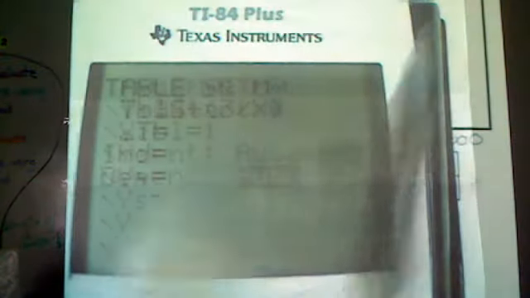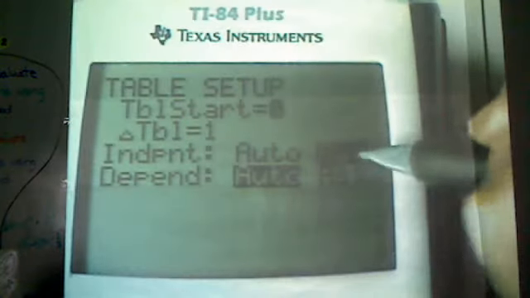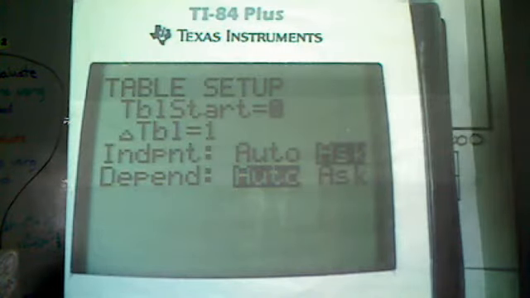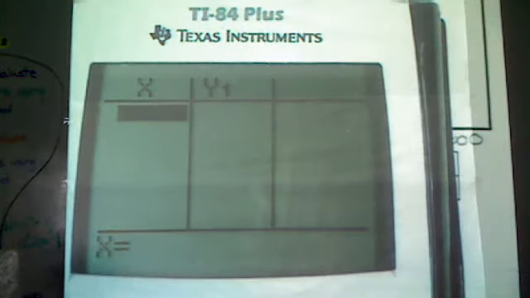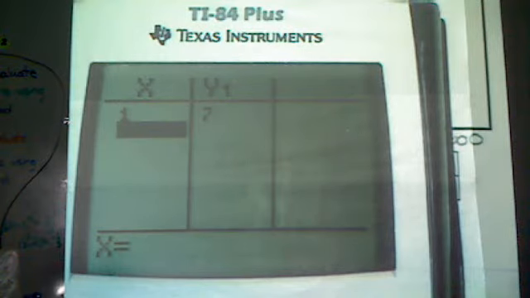So I've entered in the equation. I made sure to set my table to ask because I have very specific values I want to use. And now I'm going to go to the table and start putting things in. So when we've gone 1 over, we find that the y value is 7. When we go 10 over, we find that the answer is 4.3.